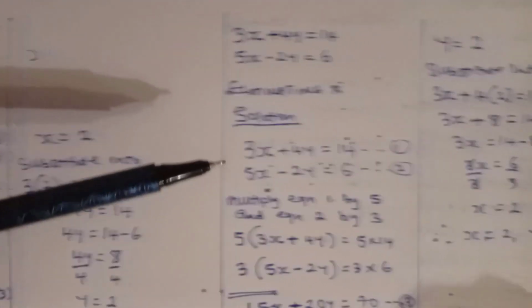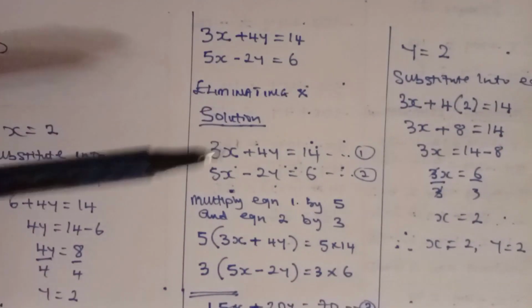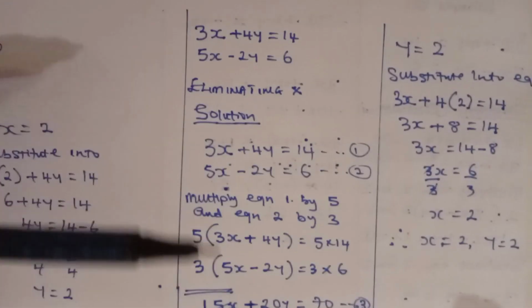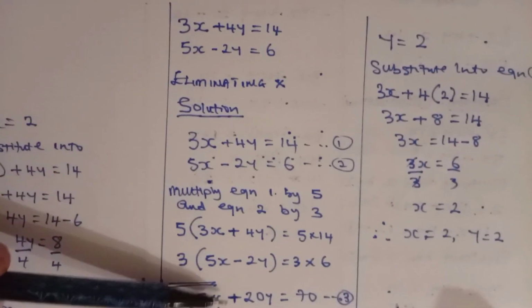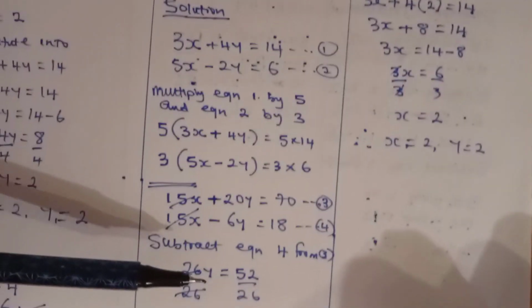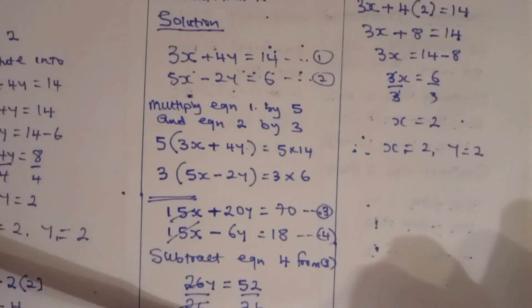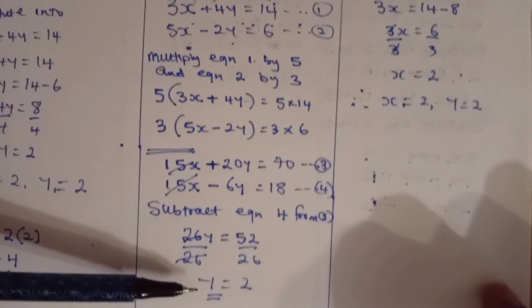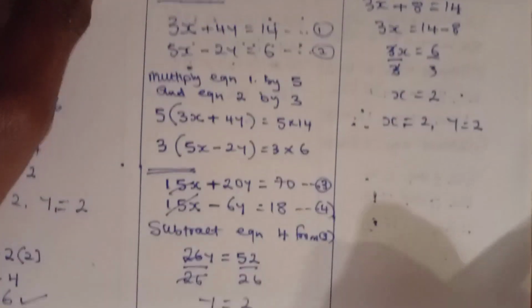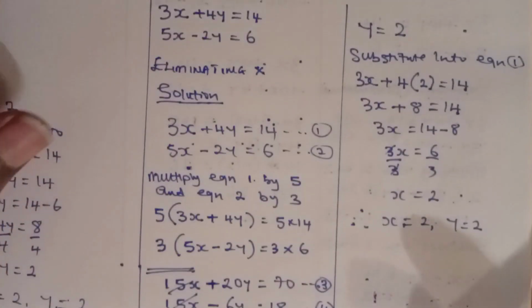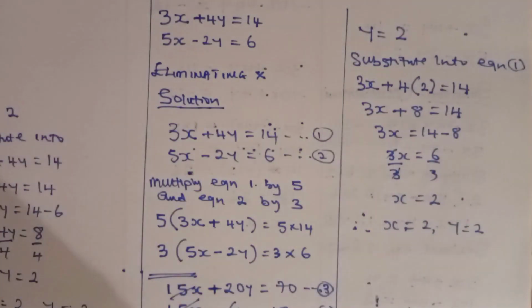But here we have to multiply both equation 1 and equation 2. Then we went through the hassle before we could actually get the value of y. But it all depends on you and what you want to achieve.